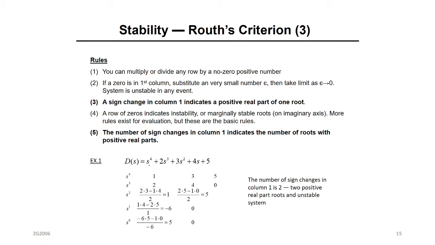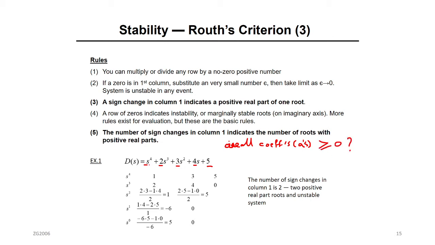You have to check all the coefficients, the a's. Are all coefficients greater than or equal to 0?